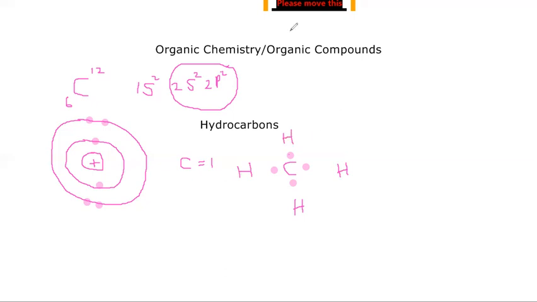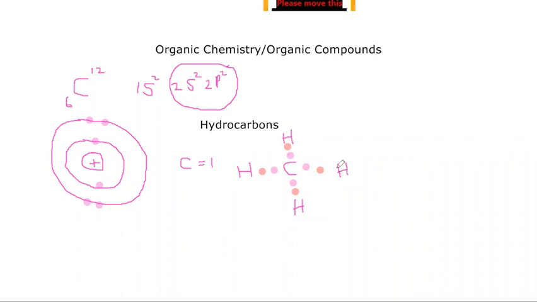So I have just placed these hydrogen atoms, and one hydrogen atom is also having one electron. So one electron is coming from the carbon and one electron is coming from the hydrogen. So this is the sharing of the electrons.